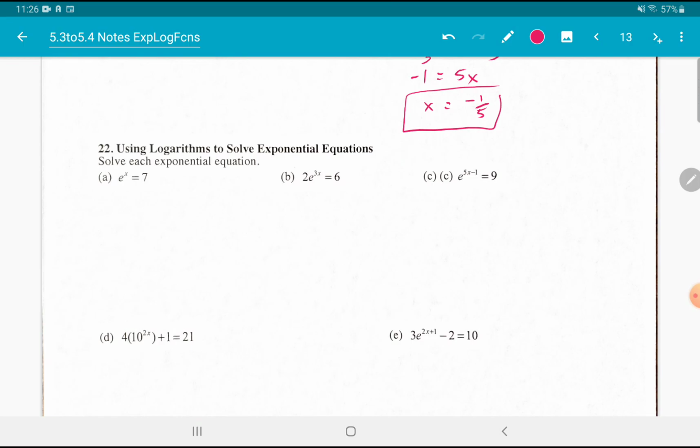Now because I have a base of e, the inverse relationship of that would be to natural log both sides. So I natural log both sides like that. And then remember, if you ever have an exponent contained within that log, you can bring that down. So we get x ln e equals ln 7. And technically ln e, those are inverses of each other. They cancel out. And so what we're left with is ln of 7.